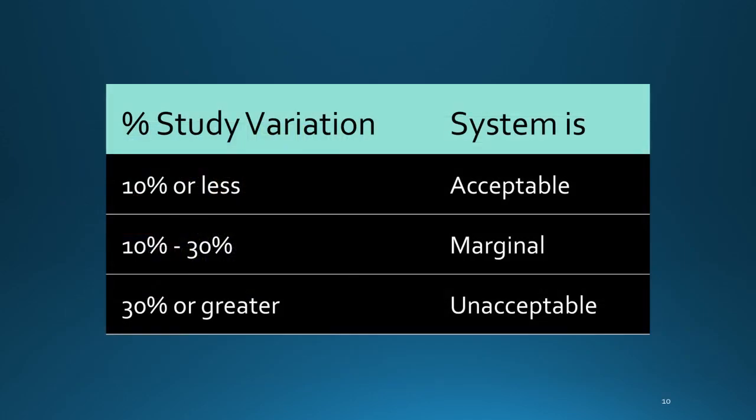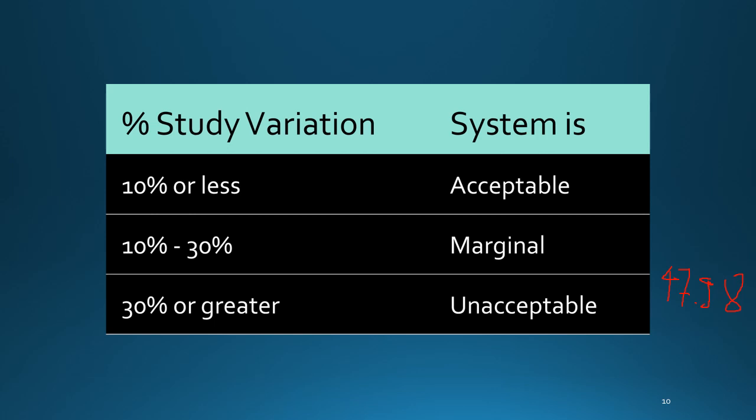A variation that is 47.98% of the tolerance is usually considered very large.